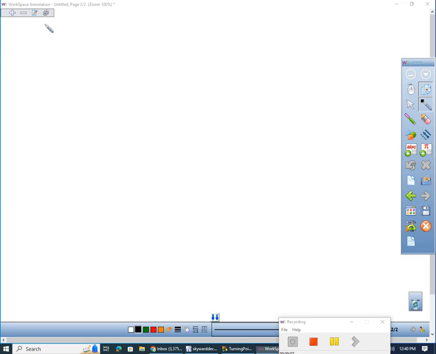Let's say I have a table, and no, I haven't even gotten to examples yet. I got to teach you how to do it before I can put examples down, right? So let's say I have, actually, let's just make a scatter plot.